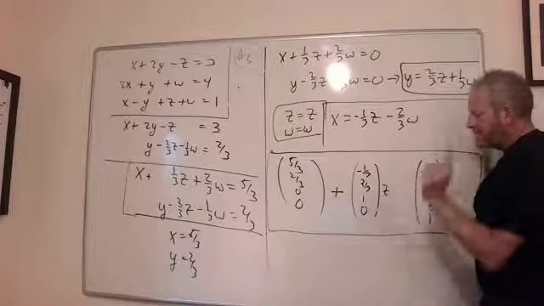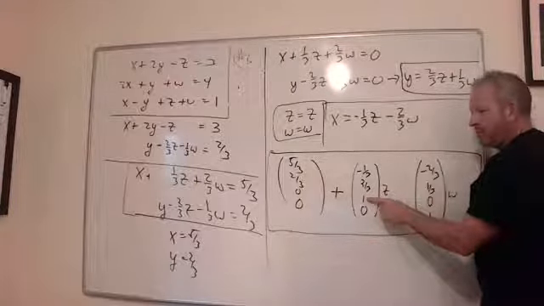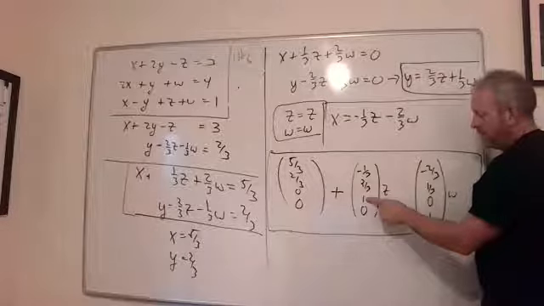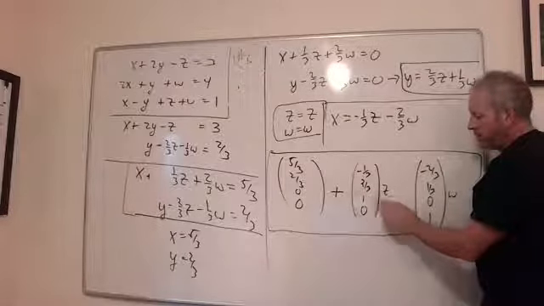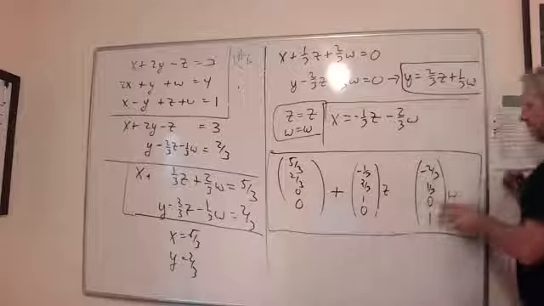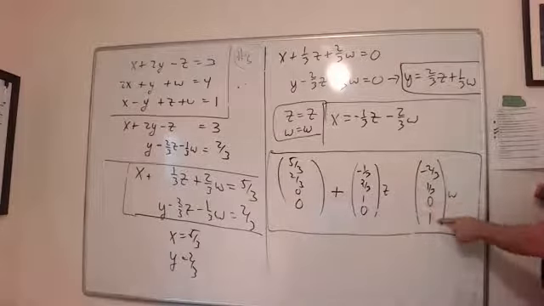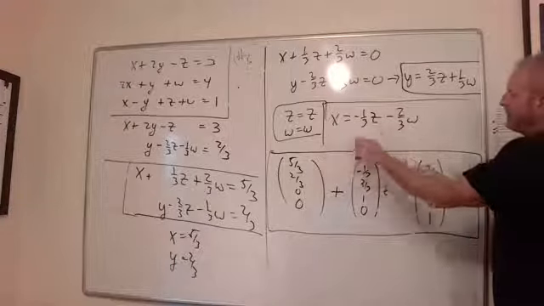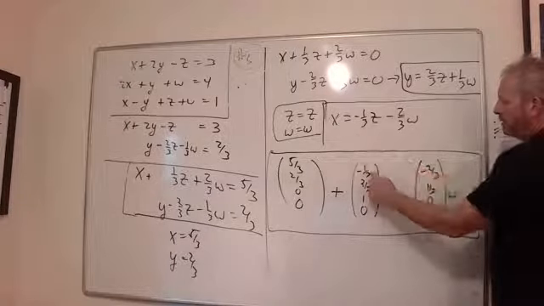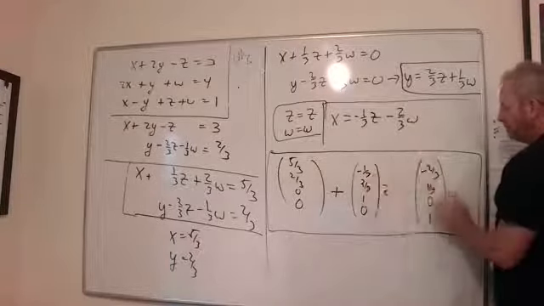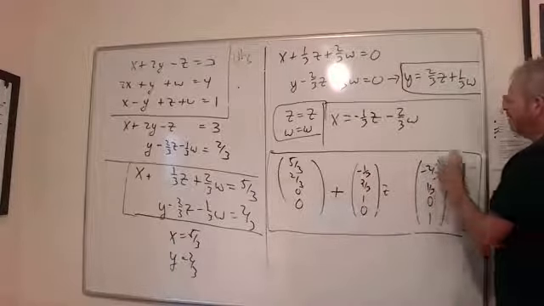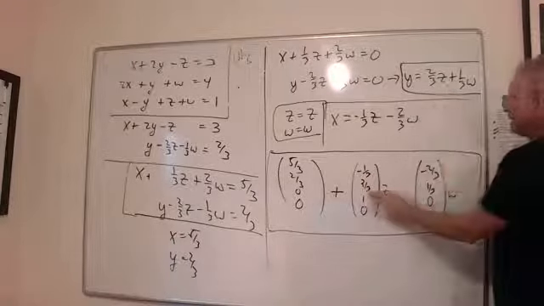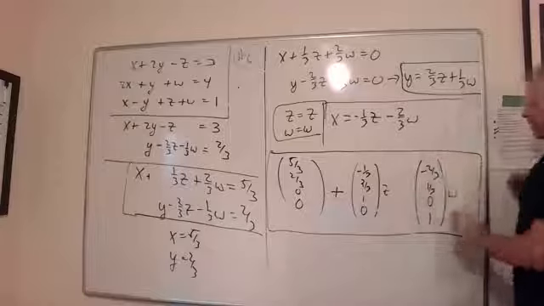Well, I need Z to be Z. There's the Z place, so I put a 1 there. And I put a 0 there because I don't want Z to impact W. And then we flip it over here for W, 1 there for W, so we get W and 0. And then look, for X, negative 1/3, that's for the Z, negative 2/3 on the W. Then Y, 2/3 on the Z right there, 1/3 on the W right there.